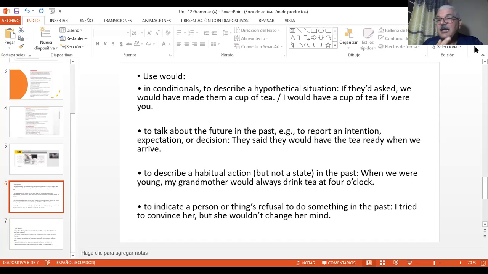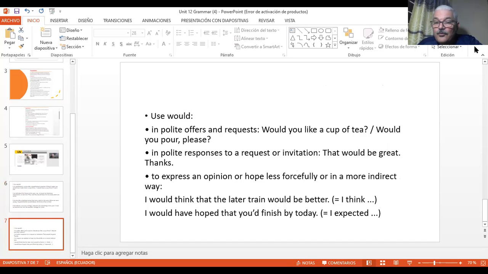So it was a habitual action in the past. And the fourth use is to indicate a person or thing's refusal to do something in the past. I tried to convince her, but she wouldn't change her mind. So in those cases, we use would.